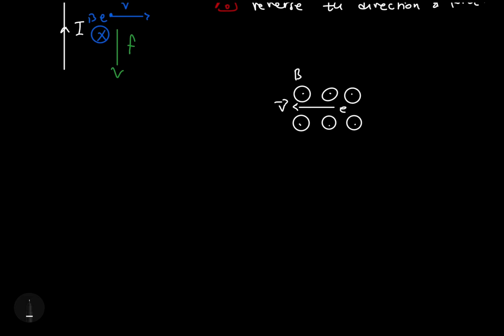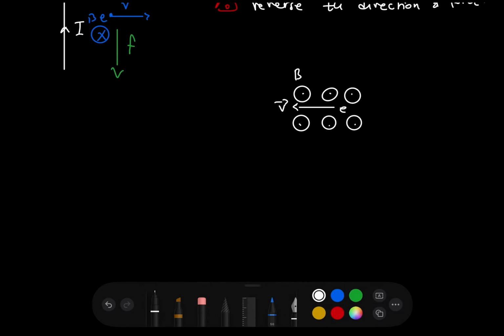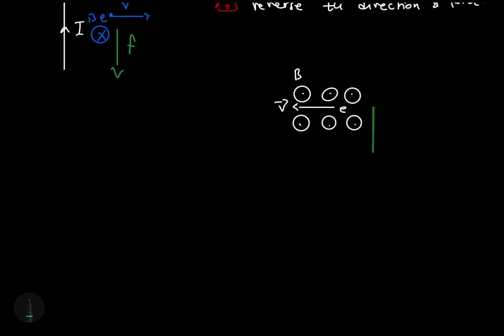If you do that, your thumb should be facing left, and your forefinger should be going up. The back of your hand should be facing your face. If your thumb is going to the left, then you're doing this correctly. However, since this is an electron, the direction of force, which is going upwards, should then be reversed to downwards. So the force is actually downwards in this scenario.